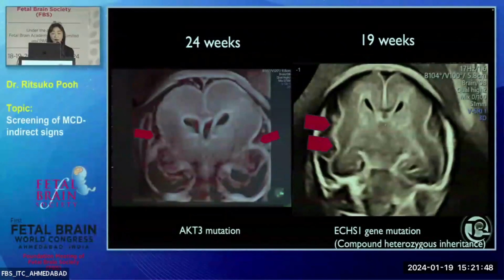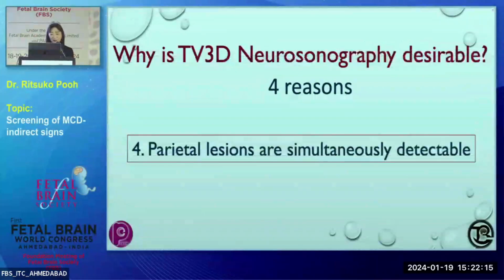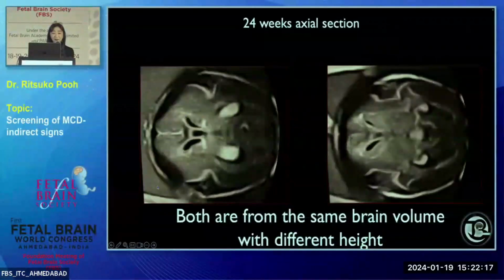So you have to do the transvaginal 3D ultrasound approach. And the reason is that the Sylvian fissure observation is brain-slice sensitive. Sometimes they say that if you look at the Sylvian fissure, you don't have to measure. Of course, the measurement sometimes takes time.